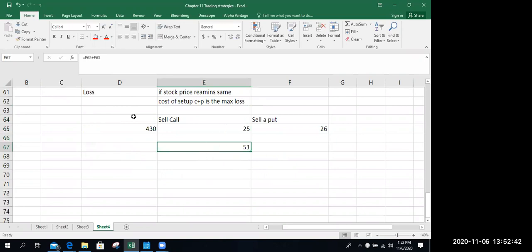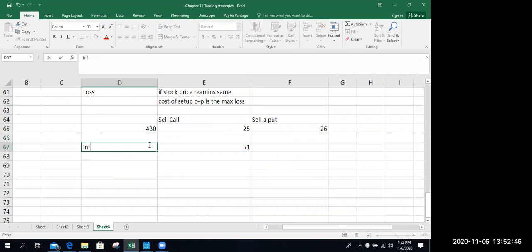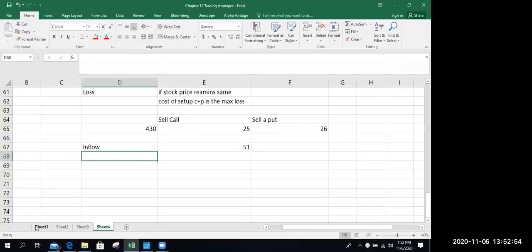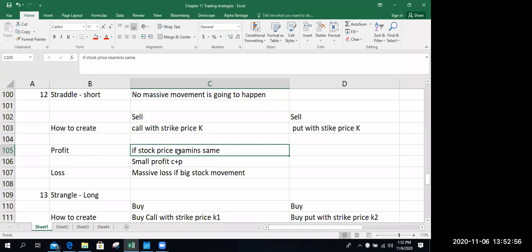So when you sell, you generally pocket the premium. So inflow of $51. Okay. Profit happens if the stock price remains the same, right? Small profit, that is premiums from the call as well as premiums from the put.